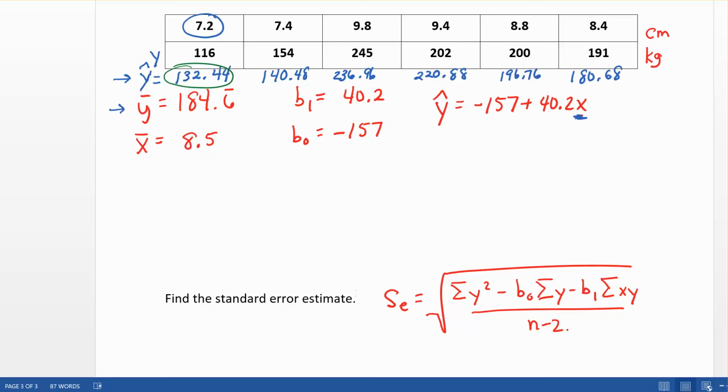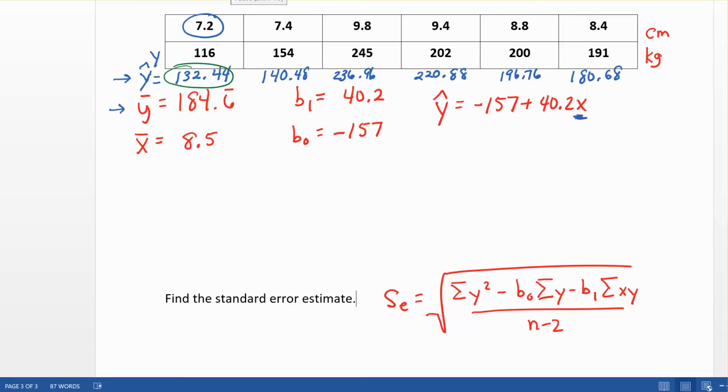For this section, we're going to use n minus 2 degrees of freedom instead of n minus 1. The reason why is people a lot smarter than I am came up with this formula and found that n minus 2 actually found this standard error of estimate better than n minus 1 did. So we're going to go with n minus 2 degrees of freedom.